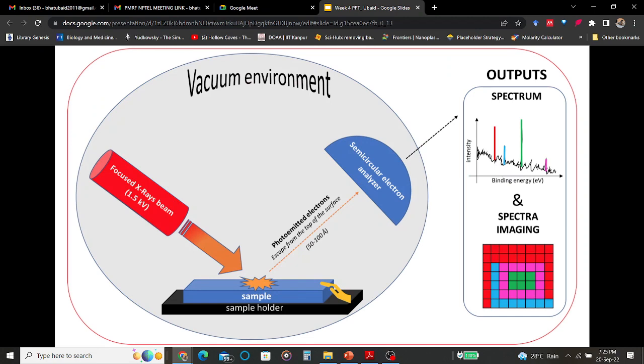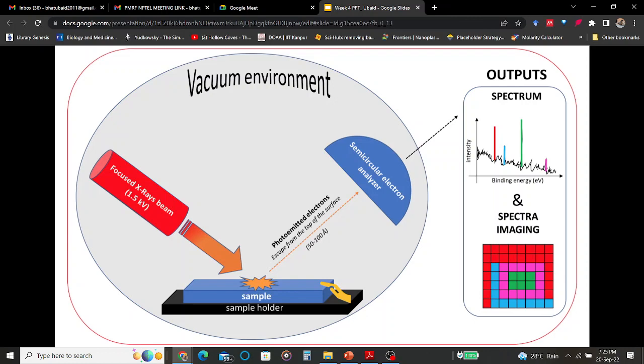X-ray photoelectron spectroscopy, also called XPS, is a surface sensitive quantitative technique. It gives the quantitative composition of the surface.